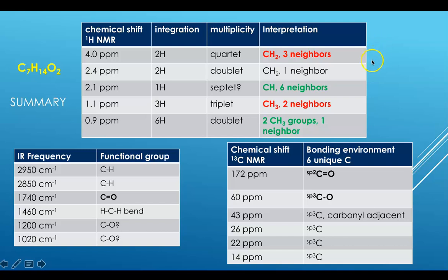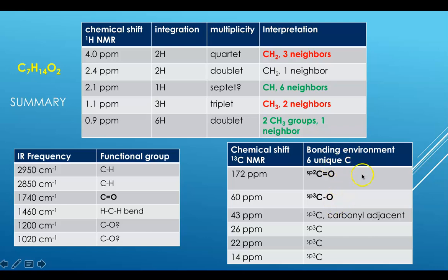So let's look at a summary of all the data we've gathered so far. We're pretty sure now, both from that infrared spectroscopy and from the carbon-13 NMR, that we're looking at an ester. We saw here that we have a strong peak representing that carbonyl group and probably some CO stretches, and that was confirmed in the carbon-13 NMR with our reads at 172, which is right in the range for a trigonal planar carbon, double bonded to an oxygen, and this fairly downfield sp3 tetrahedral carbon, single bonded to an electronegative atom, which in this case is an oxygen.